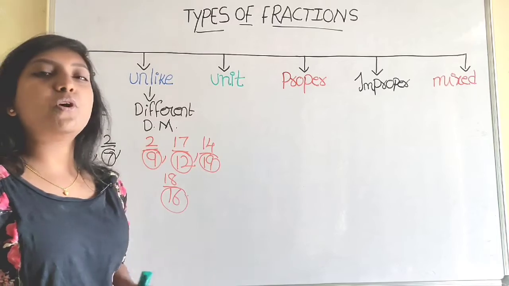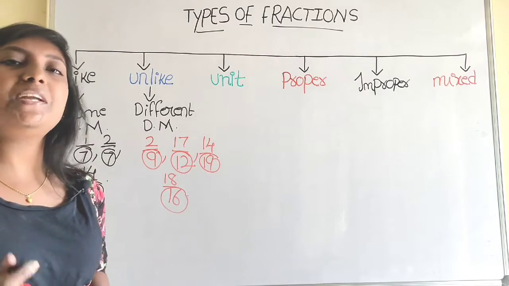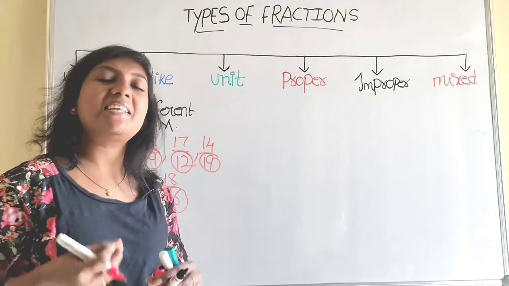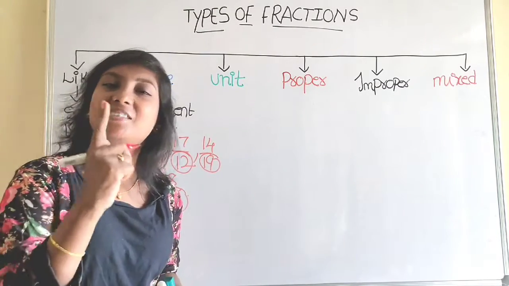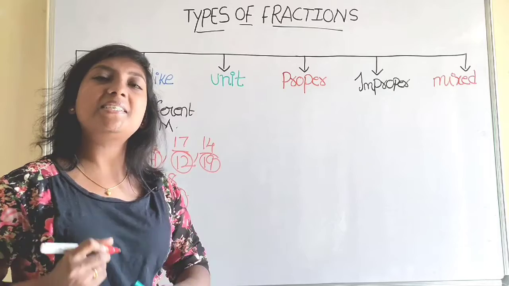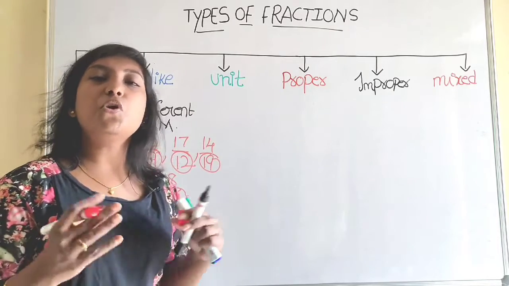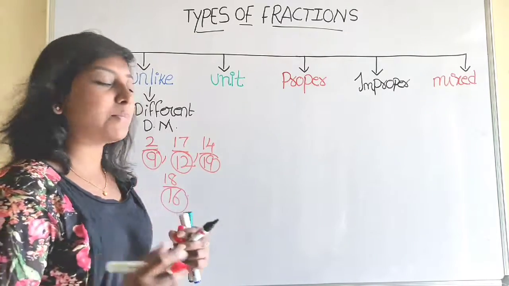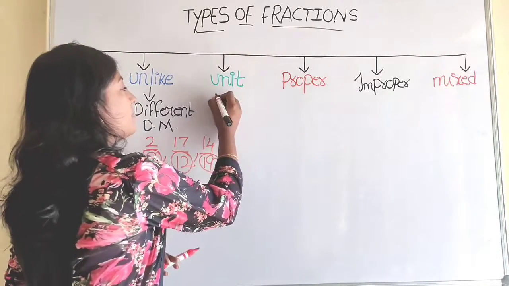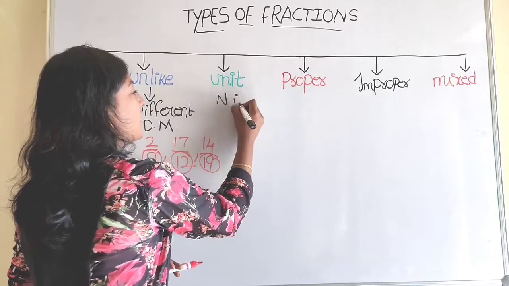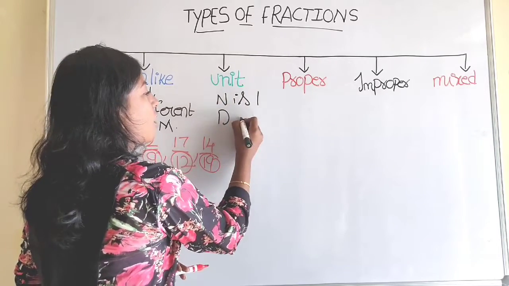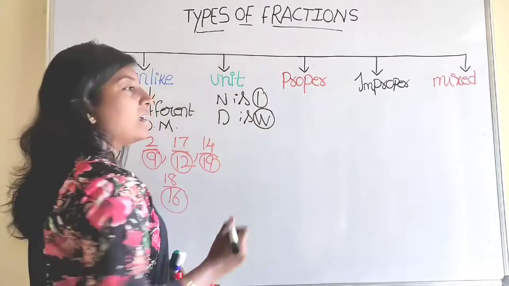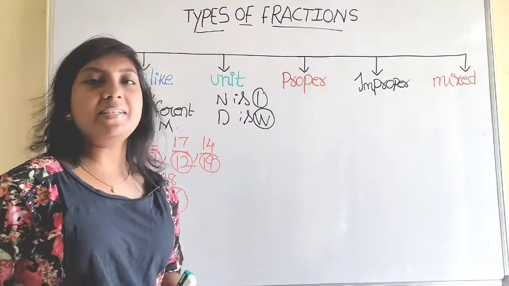Now, let's move on to the next one, that is unit fractions. What are unit fractions? The fractions that have the numerator as 1 and the denominator as a whole number. Those fractions we call them as unit fractions. Let's see with examples.